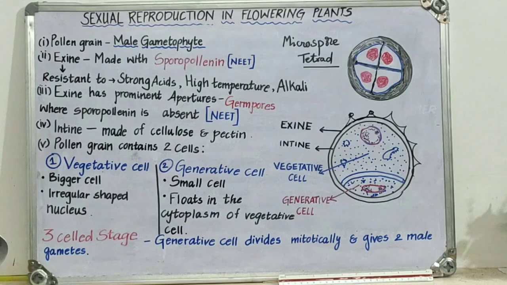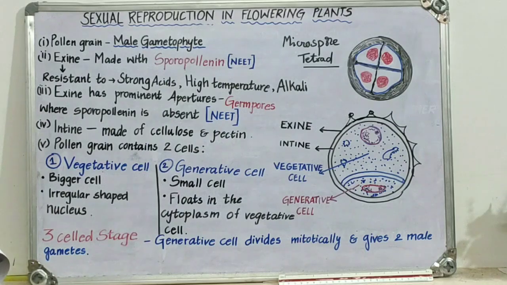In these, the pollen viability is for months. They can survive months, not 30 minutes. In the case of rice, it is very few minutes only, 30 minutes, so it varies. Rosaceae, Leguminosae and Solanaceae pollen grains' viability is for months.